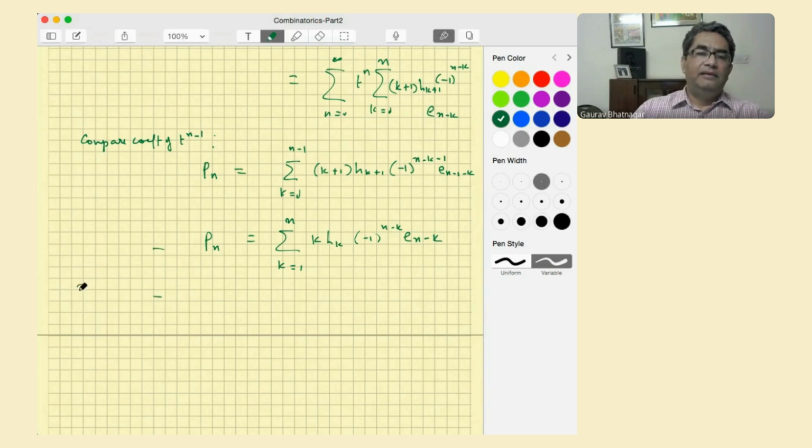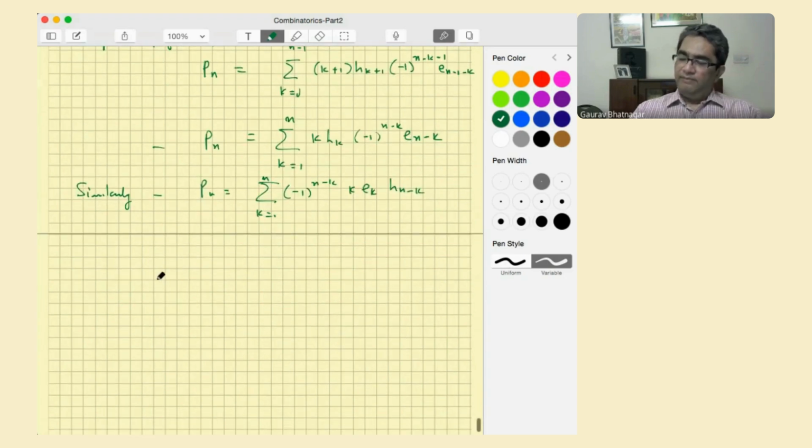And similarly, En is equal to summation k going from 1 to n, minus 1 raised power n minus k, k times ek h n minus k.